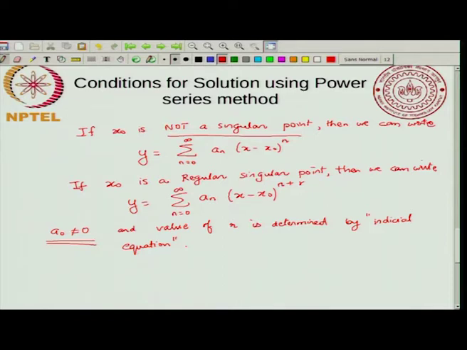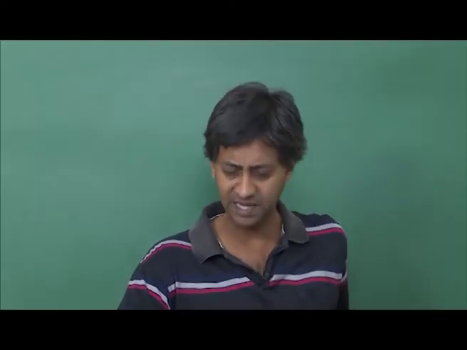The indicial equation is basically the equation for the lowest power of x. If you have n equal to 0, it will be x raised to r. If you have n minus 1, you might have a term with r minus 1 and so on. So it is the lowest power of x that gives the indicial equation.